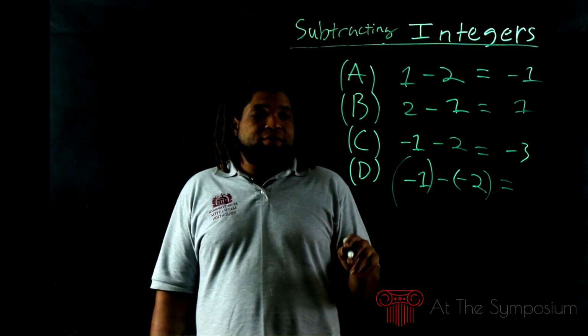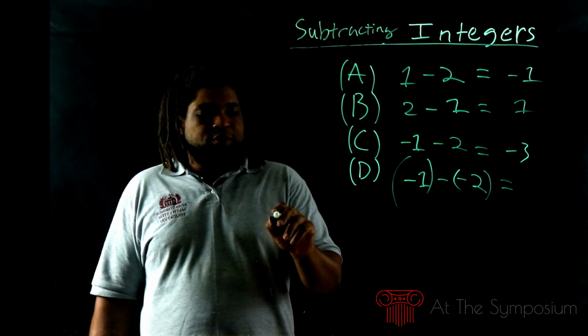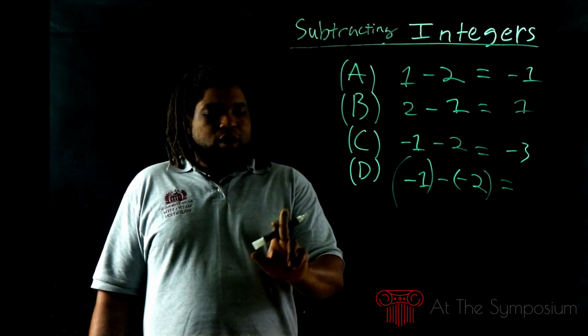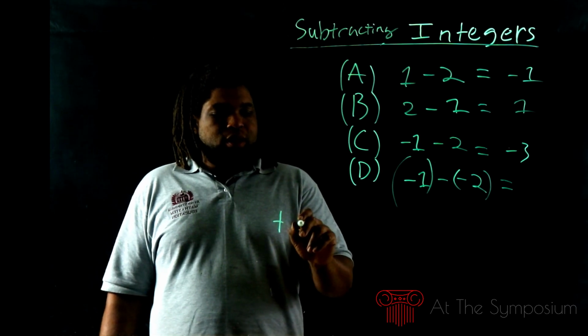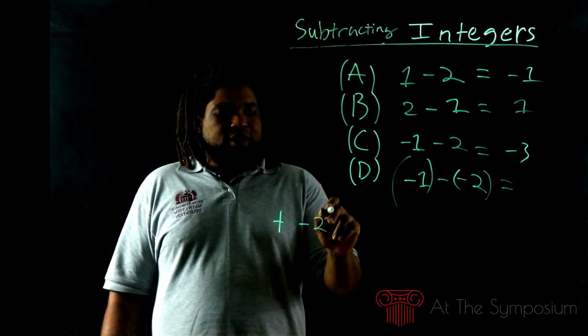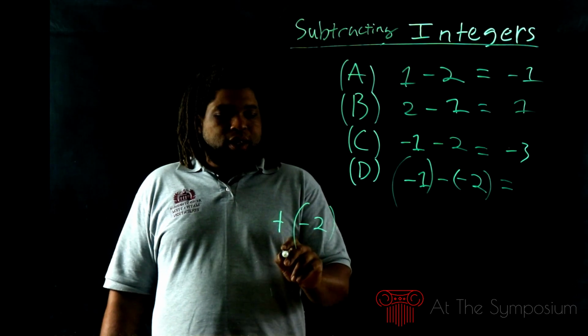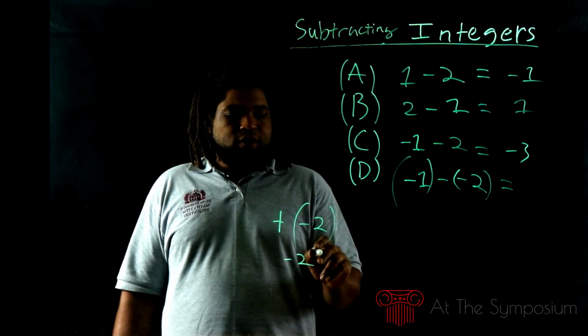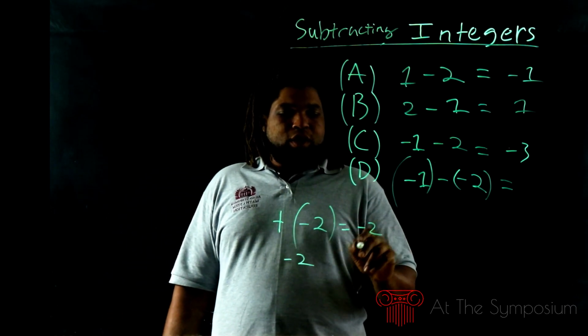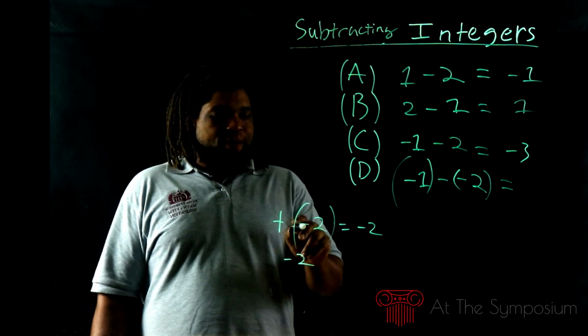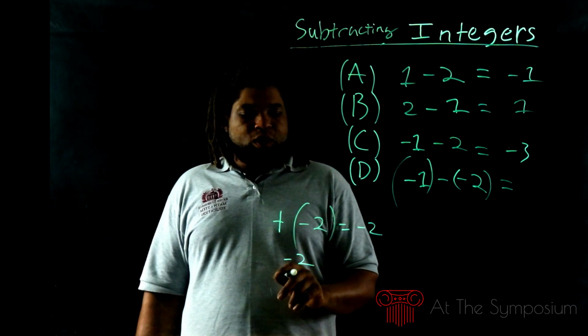Well, in this case, we have two negatives, so let's just review for a second. If we have a positive sign and then a negative sign, let's say like this, that positive sign becomes negative.